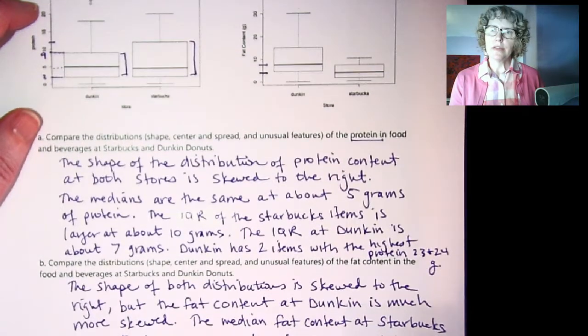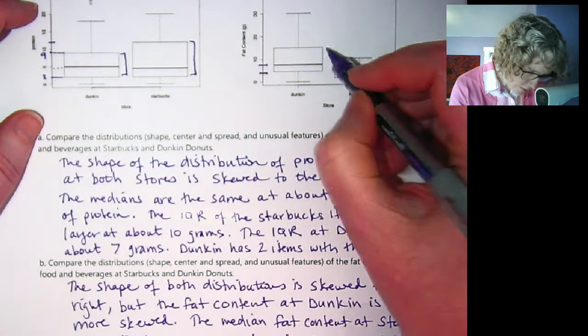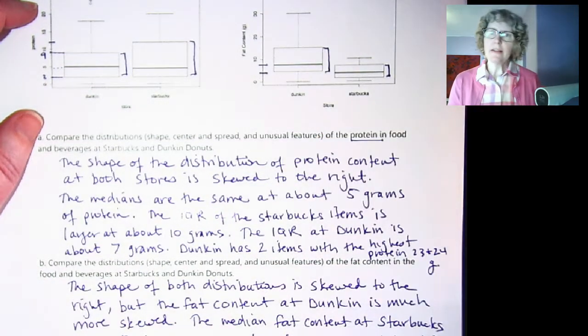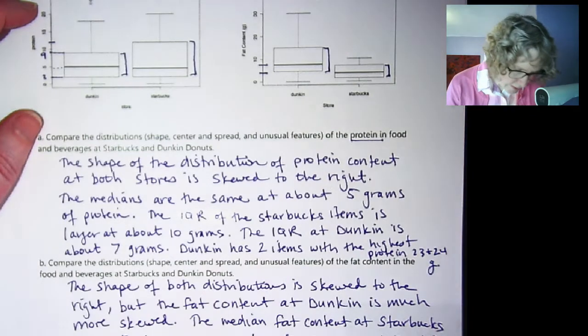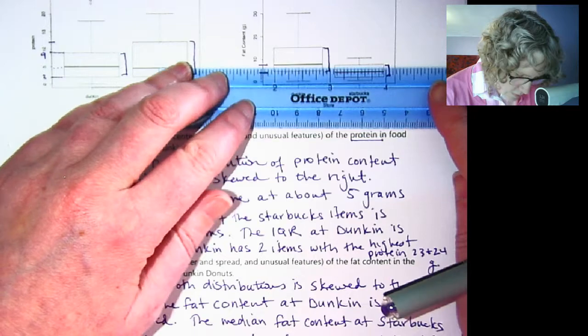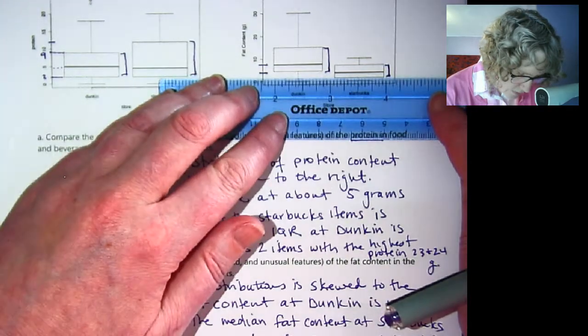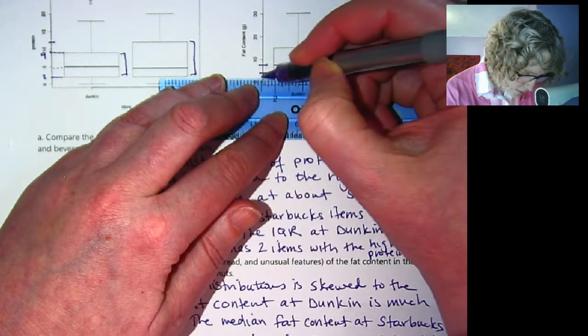So then the spread is also quite a bit higher, isn't it? This has quite a small spread, and especially if you look at the whole range, it's much smaller than that one. So let's estimate these IQRs. So this looks like about 8, and then this one is about here.